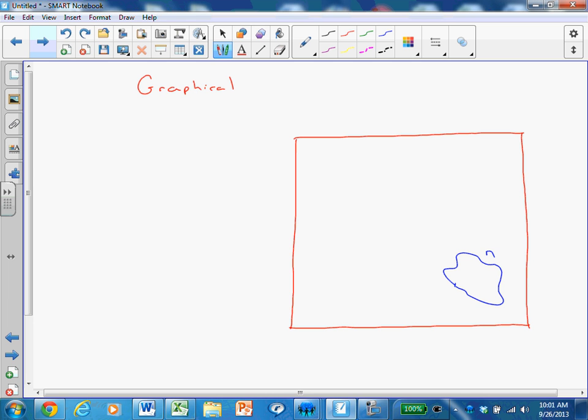Over there's Tommy's cabin. Okay. And Tommy walks in the woods from his cabin. I have a scale here.